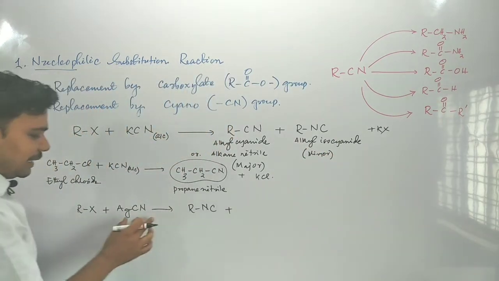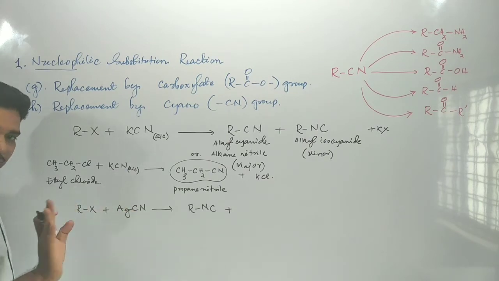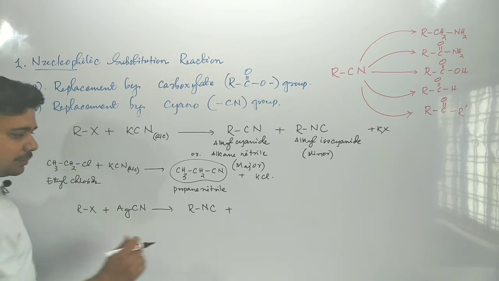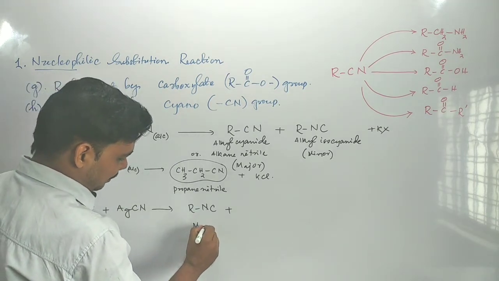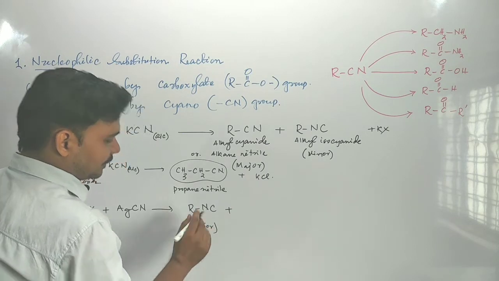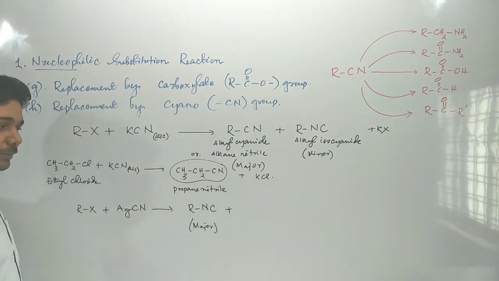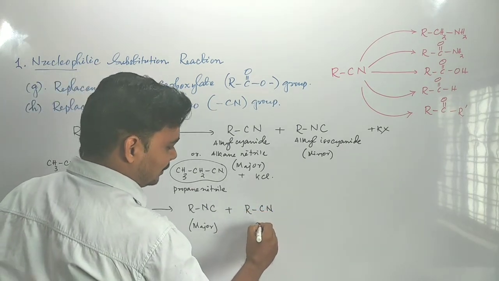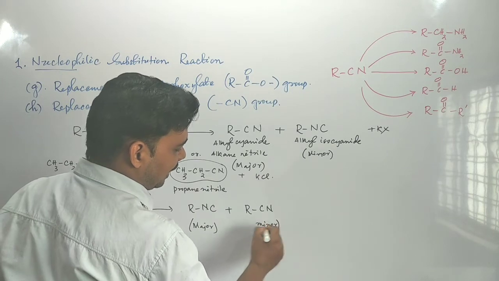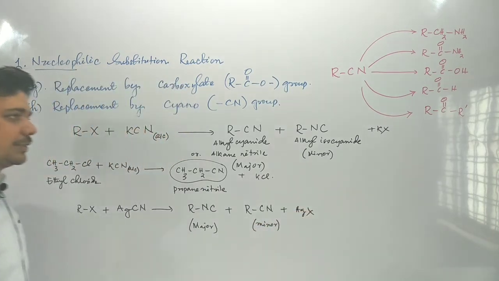But now when AgCN is used with alkyl halide, this is also a nucleophilic substitution reaction. But here alkyl isocyanide is obtained in major amount, quite the reverse of the previous reaction. Whereas alkyl cyanide is the minor product here, plus AgX as a byproduct.